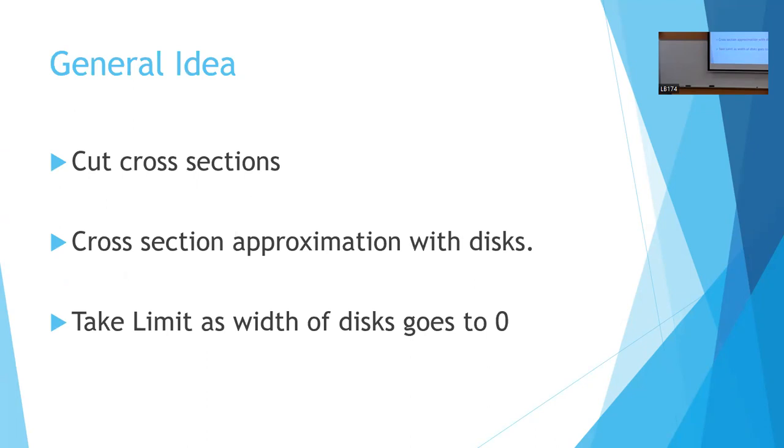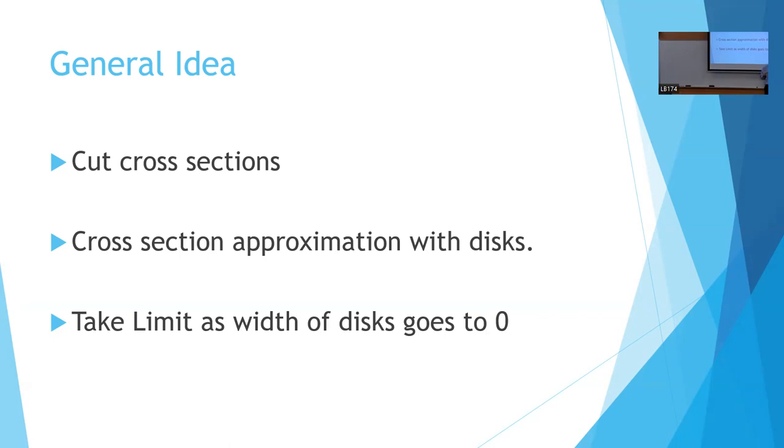Now I'm going to show you what's going on. The disk method is essentially what happens if you cut cross sections in your area, just like normal integration. When you spin that cross section, those become disks.